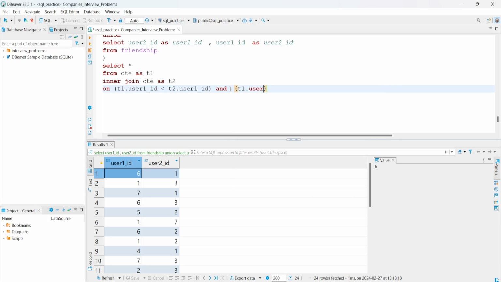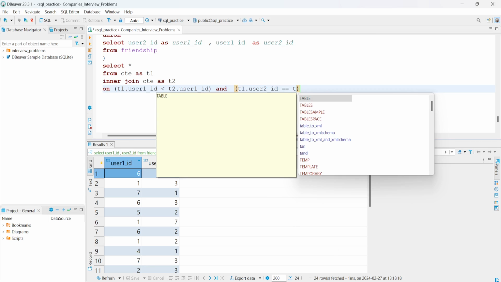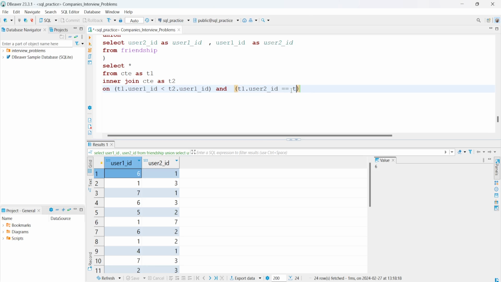Table 1 dot user 2 ID should be equal to, like this is the case which we are writing. This column user 2 should be equal to user 2 ID of the second table. Then we will be saying, hey, user 1 and user 2 are having a friendship. So table 2 dot user 2 ID, right?